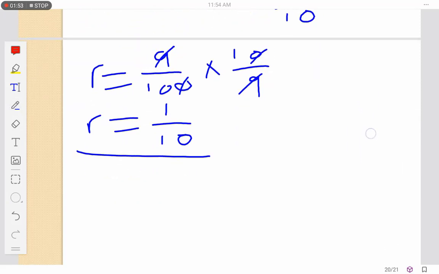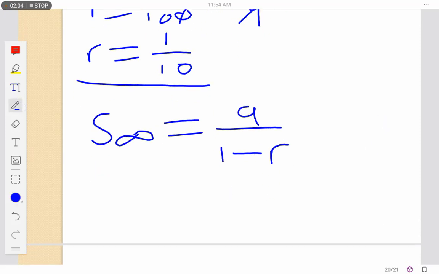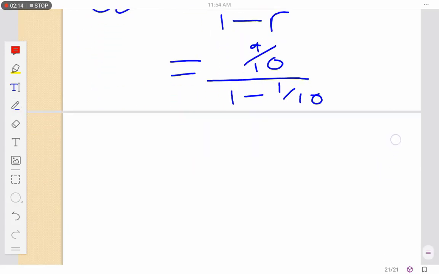Now we have got our R and our A. We can do the sum to infinity. Sum to infinity is equal to A over 1 minus R. We substitute: our A is 9 over 10, over 1 minus 1 over 10. Let's simplify together.